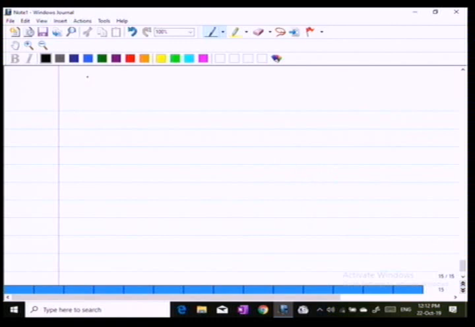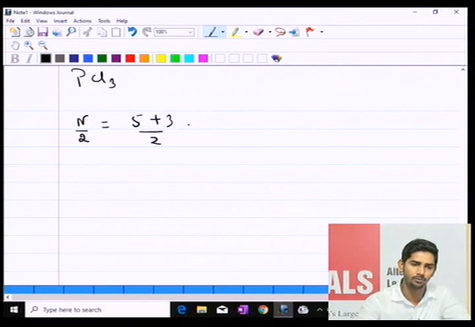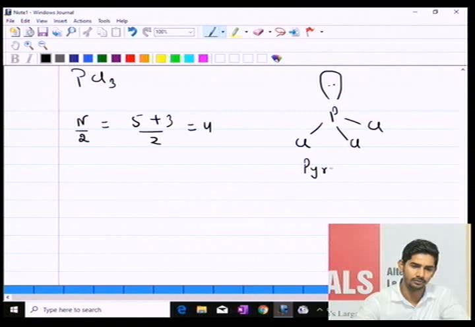Next, PCl3. Phosphorus 5 plus 3 by 2 equals 4. So finally it will look like this. This is a pyramidal. Again it is sp3.